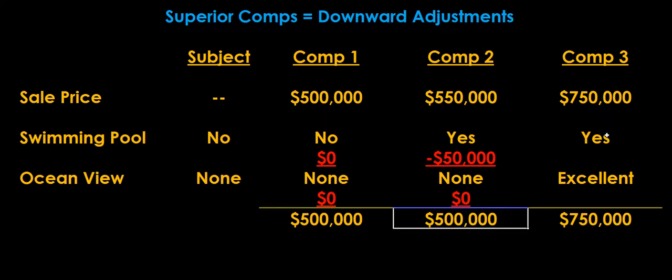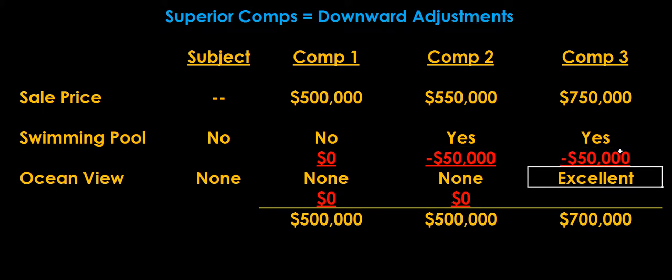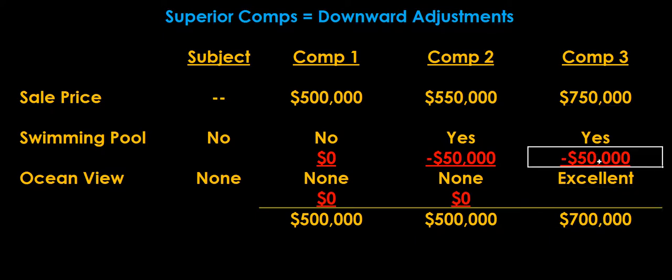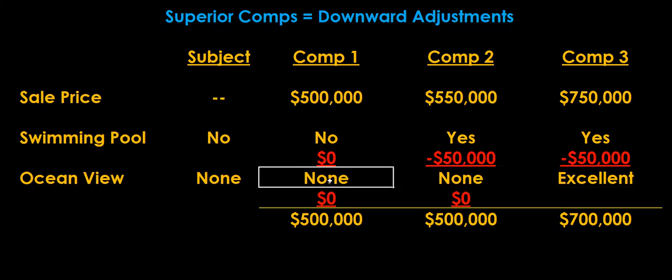Comp 3 is a step more complicated. Like Comp 2, they both have pools, and we know from the previous example that that's a $50,000 adjustment. So you see, this is sort of totaling here. We started out at $750,000. We subtract the $50,000. We're left with $700,000. All that's left is this excellent ocean view, which is different from Comp 2, different from Comp 1, different from the subject.